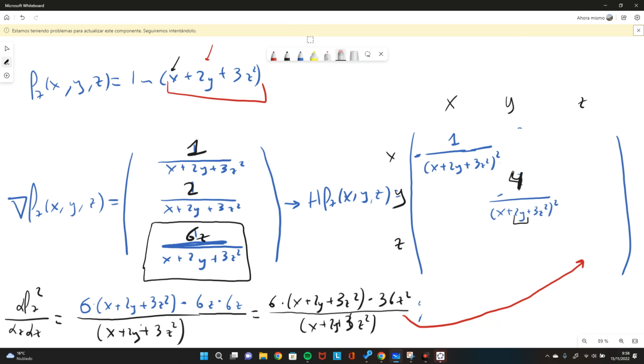The second derivative of f7, first with respect to x and then with respect to y, is just minus 2 divided by x plus 2y plus 3z squared to the power of 2.